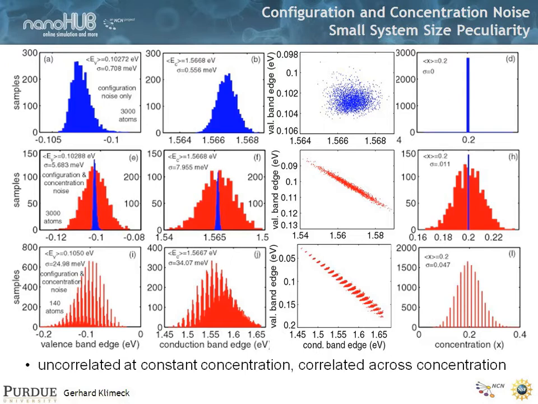The bottom line is, if you have small systems, the exact concentration, the exact number of atoms that you have in your nanosystems, in your alloy, is going to matter, and your band edges will move accordingly. It's a statistical process. That means you have to be cautious when you have systems that have a few atoms thick in one dimension. The details will matter. Even from this bulk calculation, from this numerical experiment, you can get that insight.